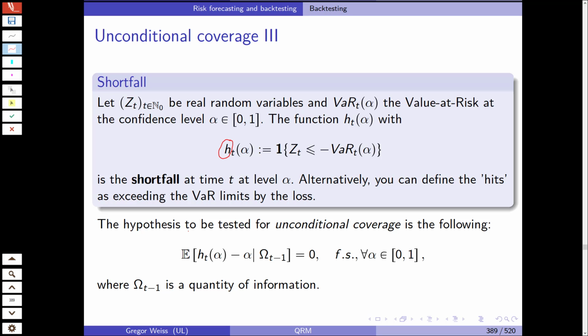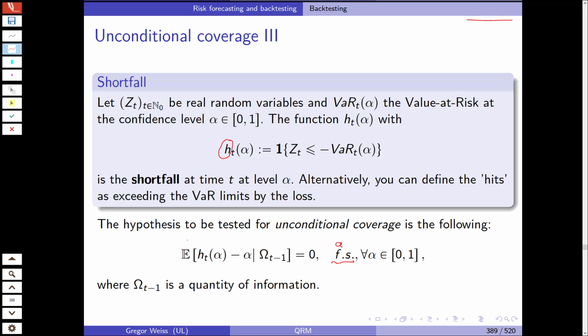And what is the hypothesis now? The hypothesis for unconditional coverage is that the conditional expected value, the conditional mean of H_t minus alpha is 0, almost surely. What does this mean? Well, the expected value of H gives you the percentage of VaR exceedances.